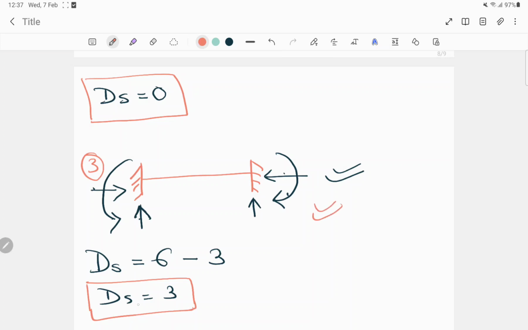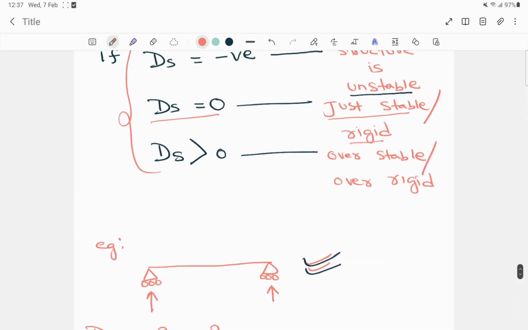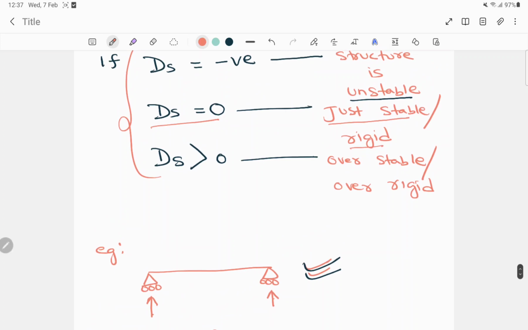It satisfies this condition because the ds value is 3, and 3 is greater than 0. So that structure comes under over stable or over rigid.